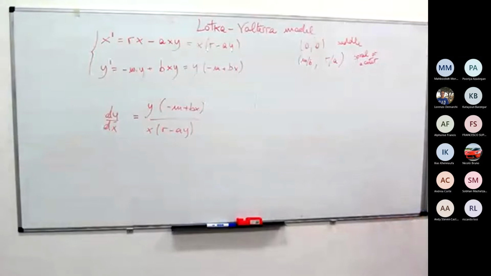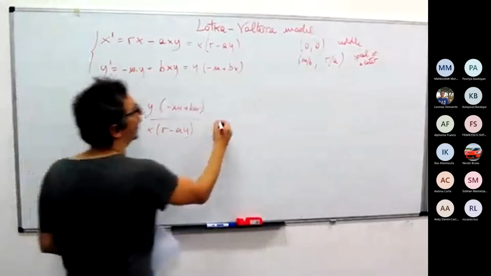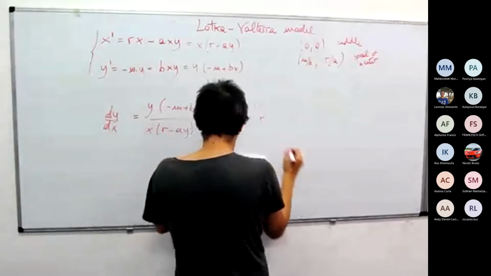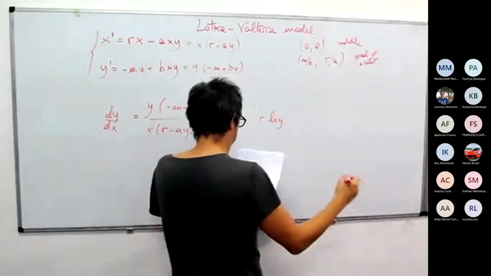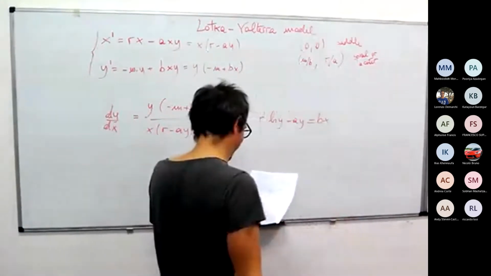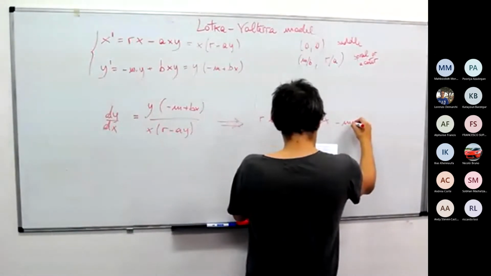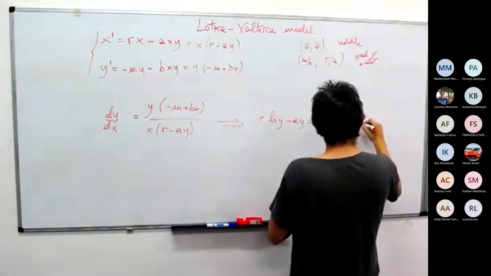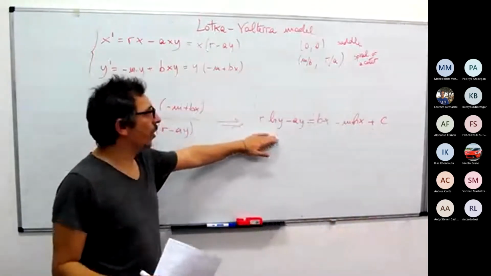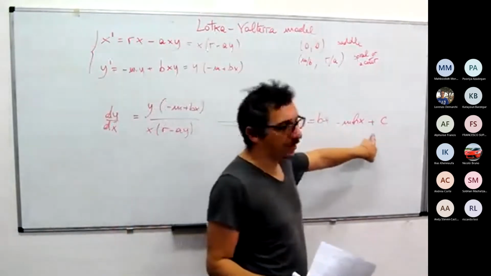So if I do this procedure, I can integrate this and what I will obtain is an expression which is r times log y minus ay equal to bx minus m log x plus some constant.